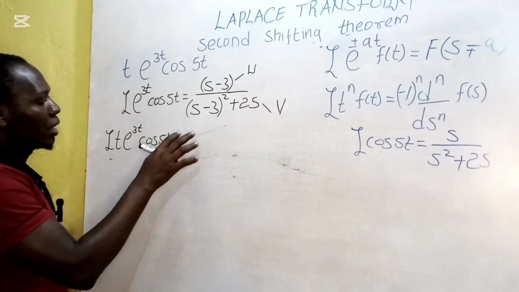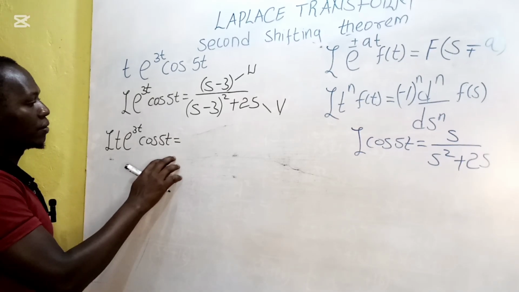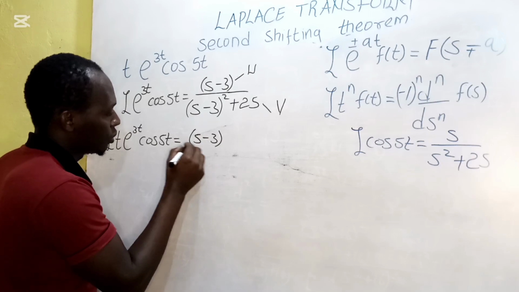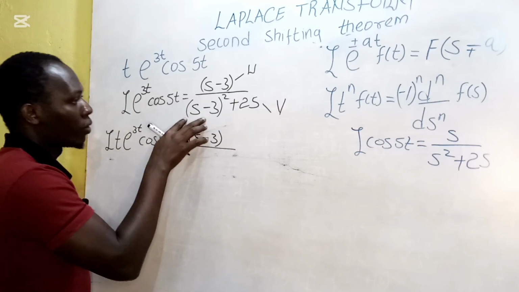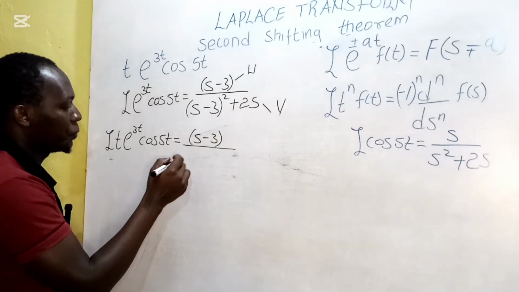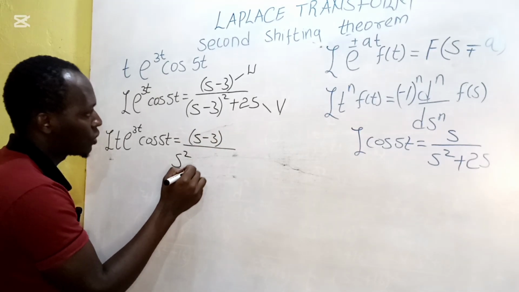To mean that now here we are going to have the Laplace transform of s, we subtract 3, all over. We can open our bracket here, and by opening this bracket, we are going to have s squared.